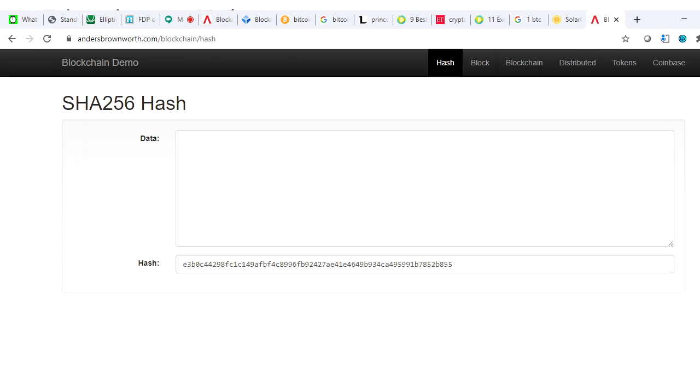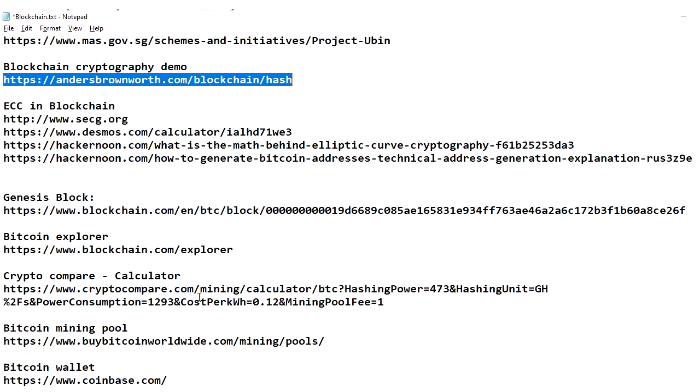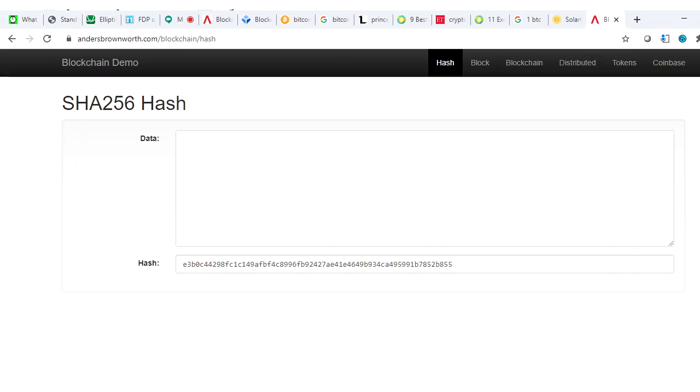This I have already shown you. Blockchain Explorer: you can go to the Blockchain Explorer and see the latest block mined and the block reward details.